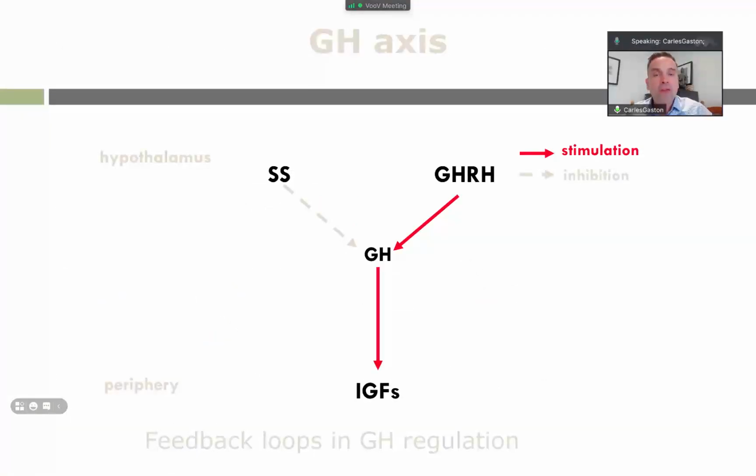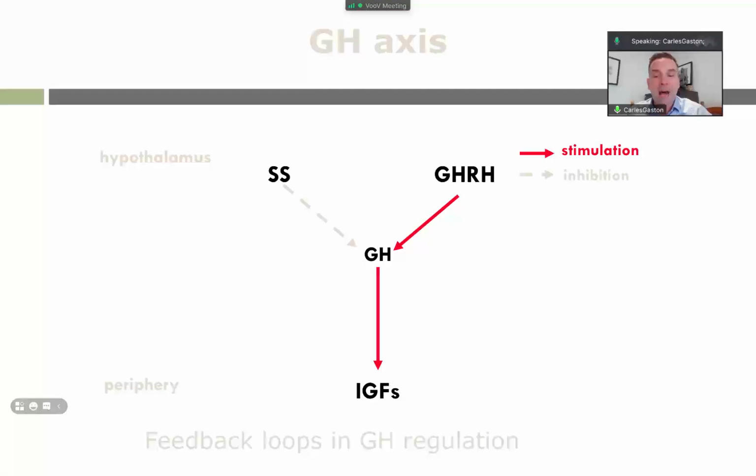So, what about the growth hormone axis? Growth hormone is produced by the pituitary gland, but is activated by the growth hormone releasing hormone. The growth hormone then goes into the circulation and activates IGF-1. We will go into more detail in further lectures.